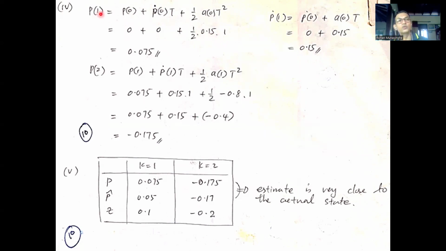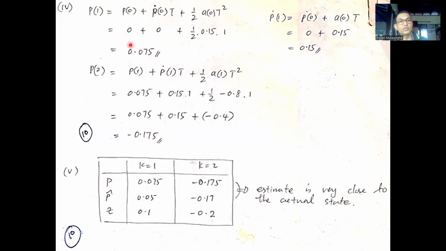At k equals 1, your true position is 0.075, and you move on to T2. This time it is minus 0.8, and your position is minus 0.175. Now you tabulate it.